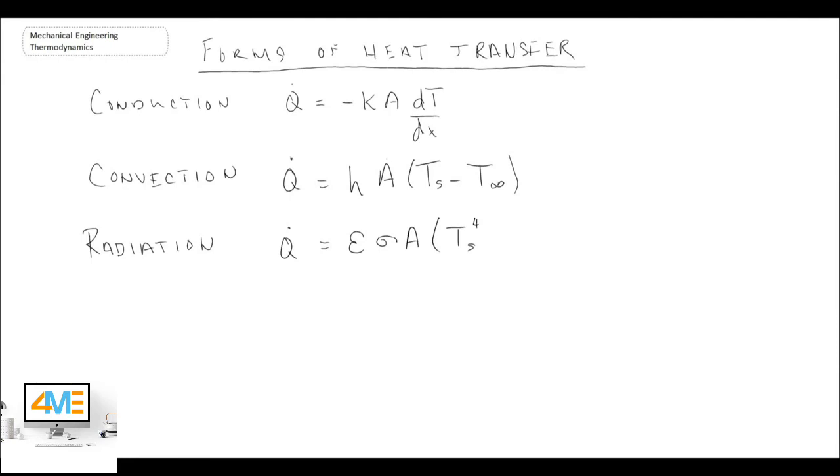Here the temperature is in Kelvin, so you have to be careful. The other equations could use degrees Celsius or Fahrenheit or Rankine, depending on which unit system you're using, but for this equation it's very important that you use Kelvin. It is then the difference between the surface temperature and the surrounding temperature, each raised to the power 4.